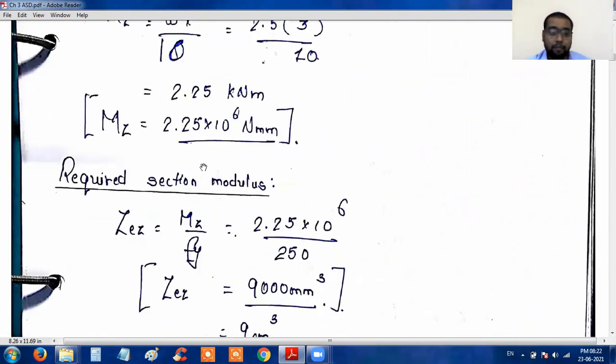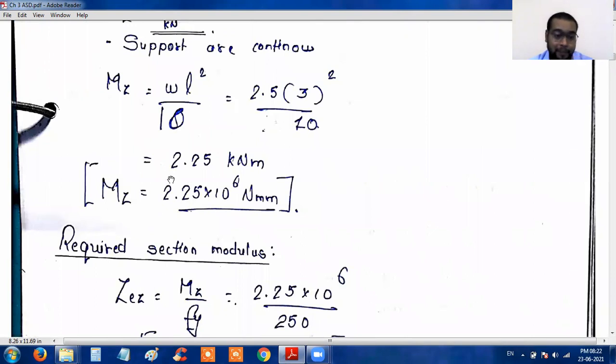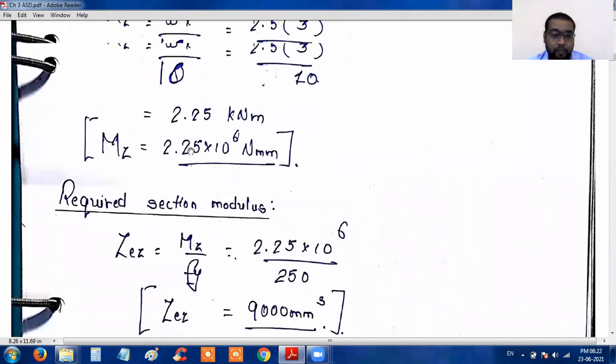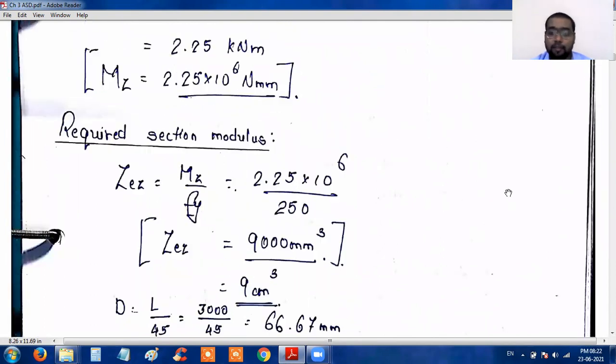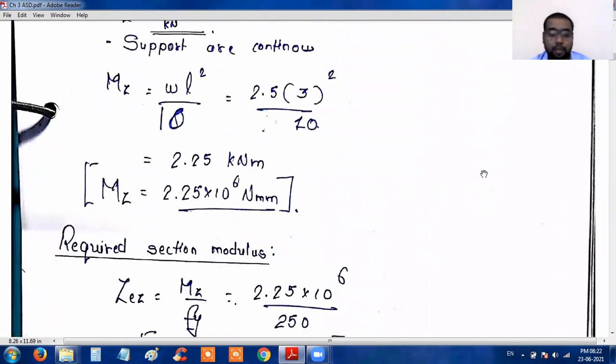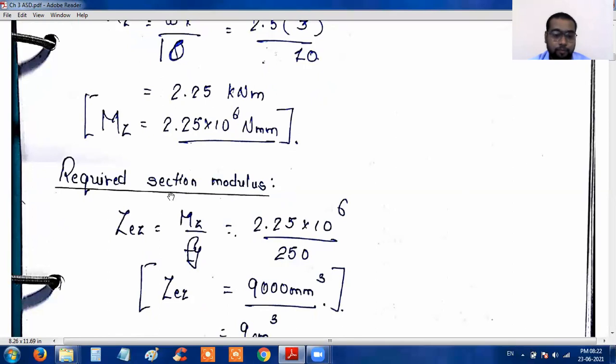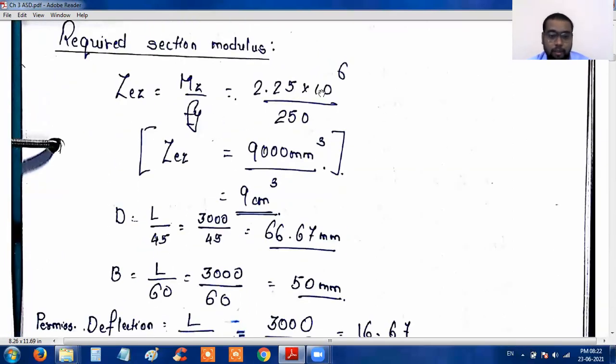Mz is a moment that we have to calculate from WL square by 10, and Fy is a yield strength that we consider 250. Okay. 2.25 into 10 raised to 6 upon 250 means Z value is 9000 mm3.